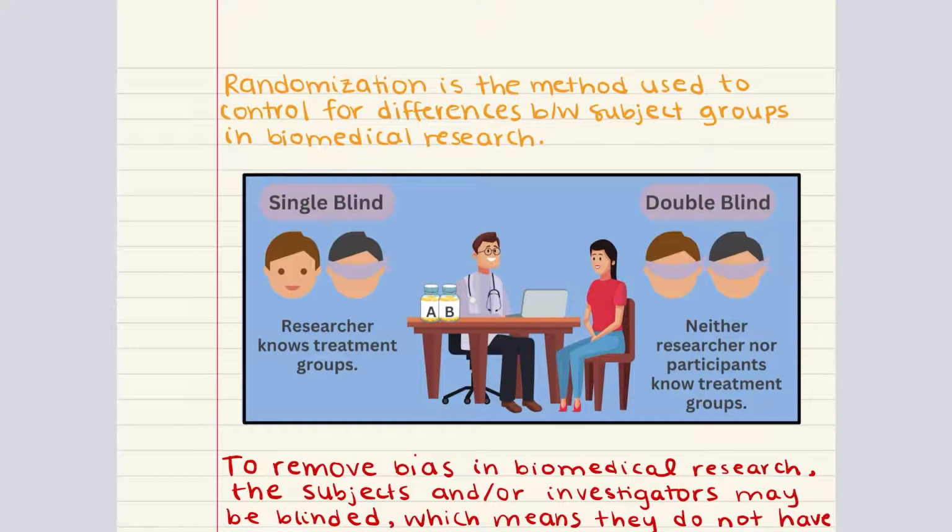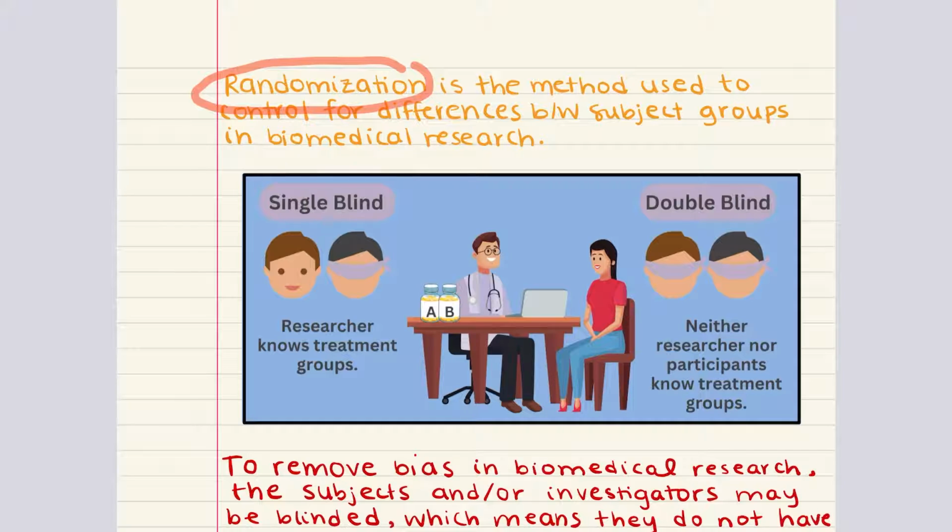Randomization is a method that's used to evenly distribute confounding variables between groups. For example, in a clinical trial testing a new medication, participants are going to be randomly assigned to either the treatment or the control group.